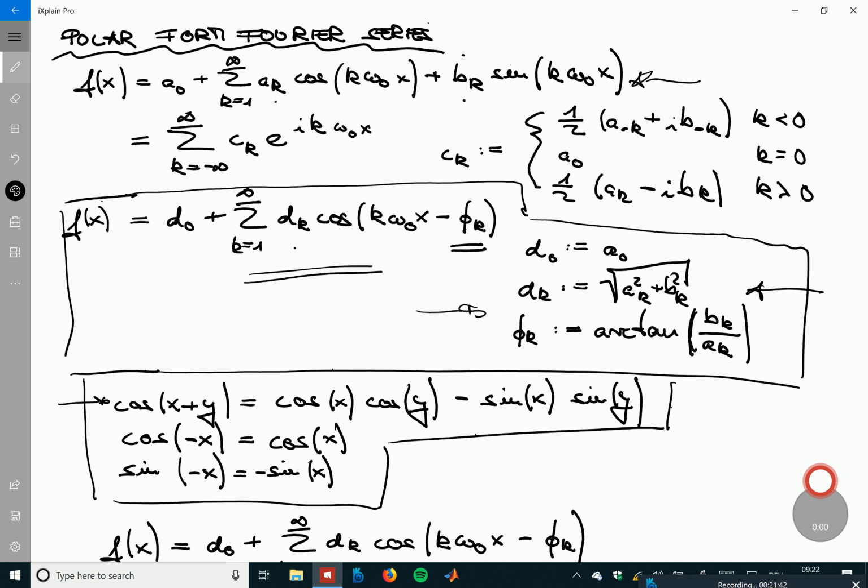So we have now three ways to look at the Fourier series, namely the real Fourier series, the complex Fourier series, and the polar Fourier series. And now finally, to finish this whole business of Fourier series representation, I want to discuss a graphical perspective on these coefficients, which for some reason is popular in neuroscience.